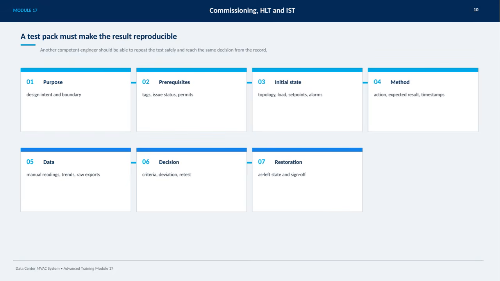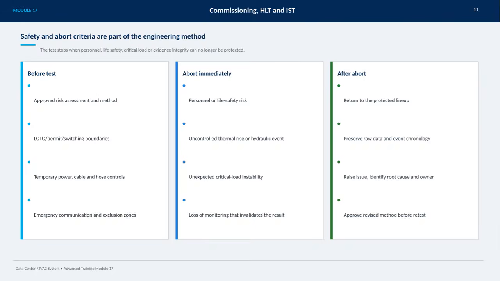Accurate data collection is essential, involving manual readings, trends, and raw data exports. After that, the decision criteria come into play, highlighting acceptable deviations and when a retest might be needed. Finally, the restoration phase ensures the system is returned to an as-left state, complete with sign-off, so the entire process is thoroughly documented and reproducible.